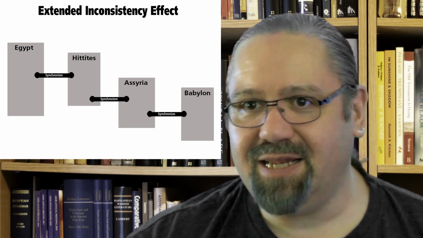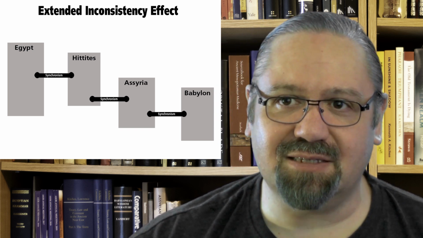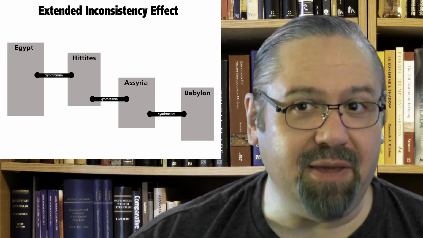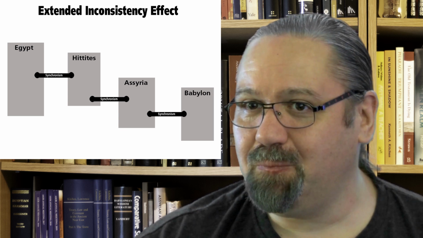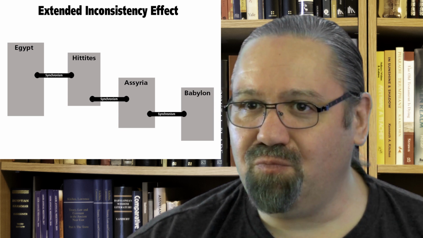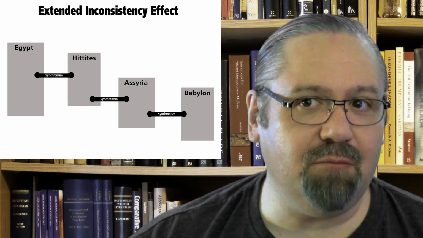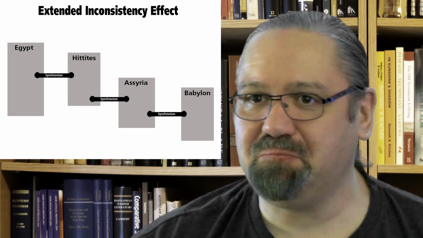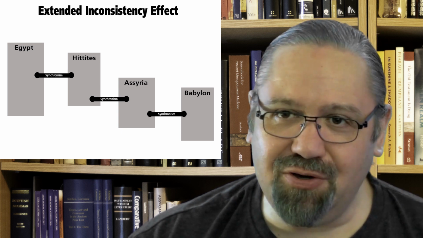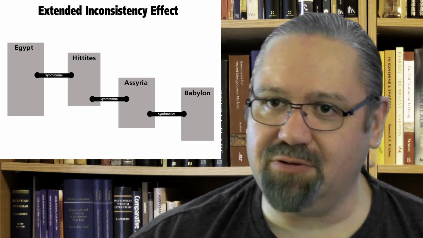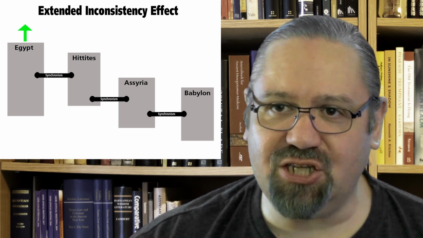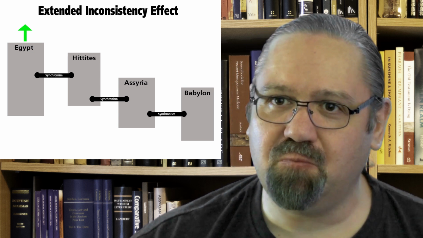What an extended inconsistency effect is, is that you could make a change to a chronology, and because of the way it works with the limiters, it might look good for the particular king. Let's say you change a king's reign in Egypt. Okay, that might look good.